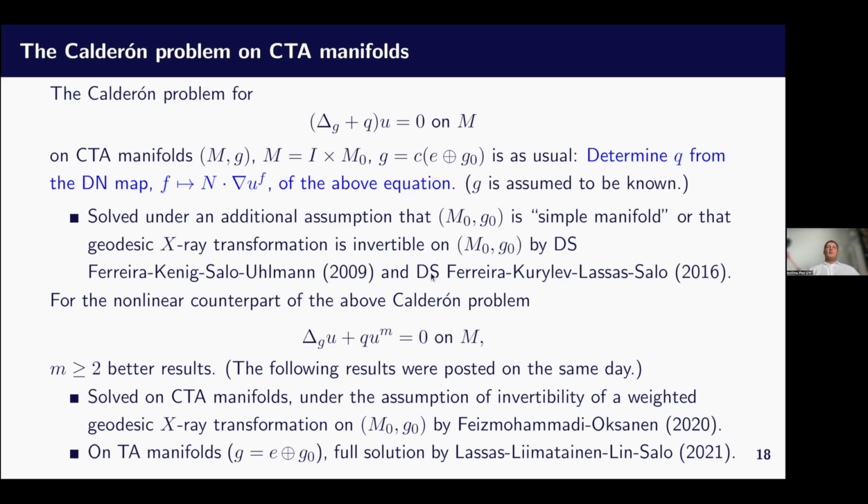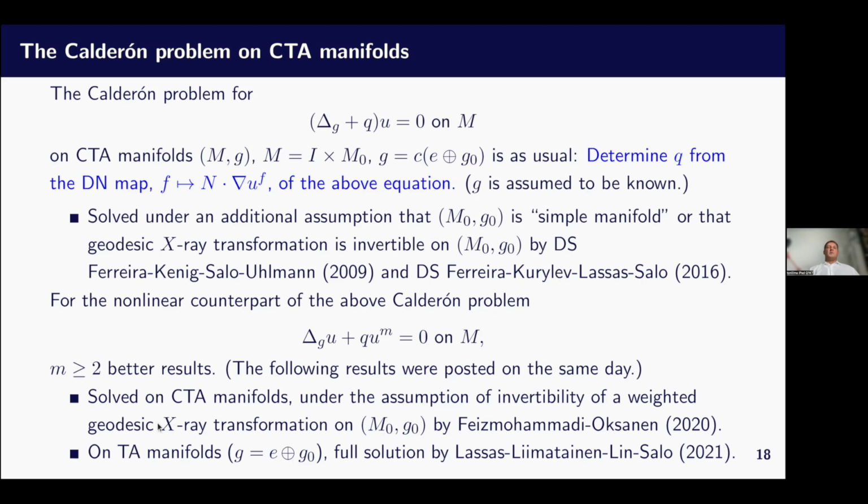For the nonlinear counterpart of the above Calderon problem, it happens that there are better results. This was done by Feizmohammadi and Oksanen. They solved, on conformally transversally anisotropic manifolds, this problem of determining Q from the corresponding DN map of this equation under the assumption that some kind of weighted geodesic X-ray transformation is invertible on this transversal manifold.